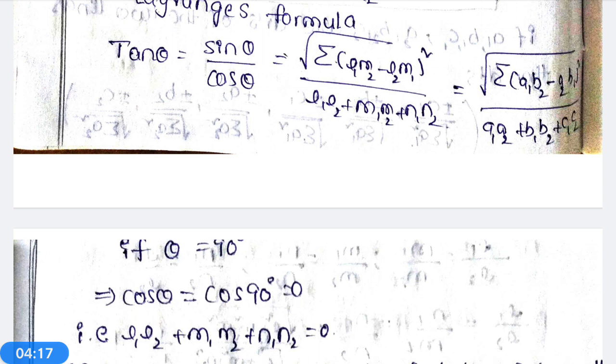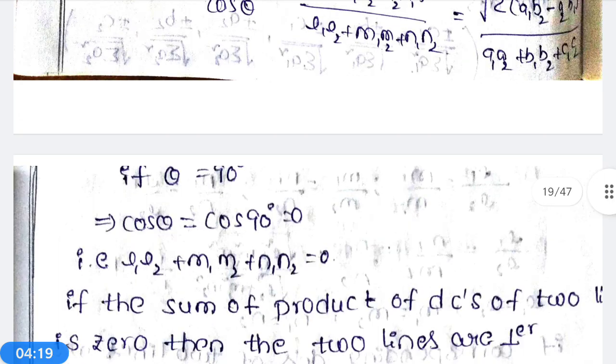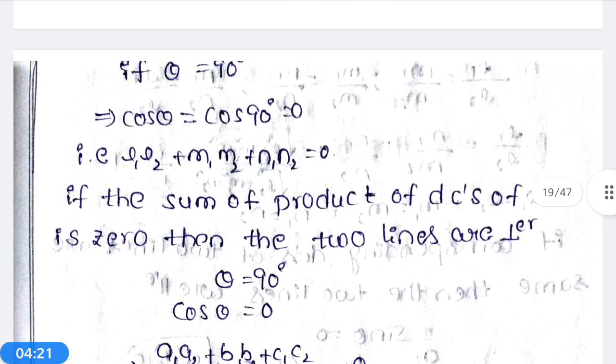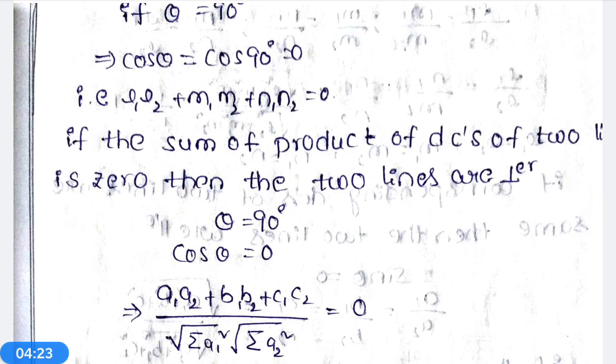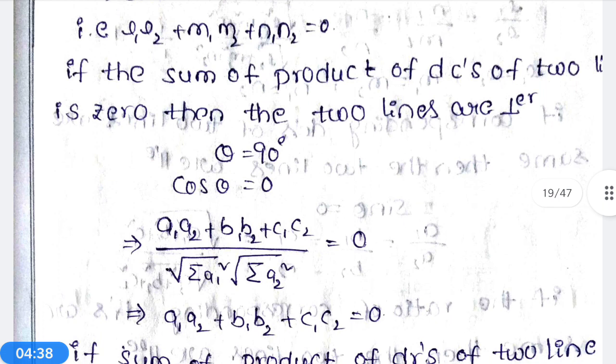Suppose the 2 lines are perpendicular, that is theta is equal to 90 degrees, then cos theta is equal to 0, that is l1 l2 plus m1 m2 plus n1 n2 is equal to 0. That means if the sum of the products of corresponding DCs is equal to 0, then the 2 lines are said to be perpendicular.